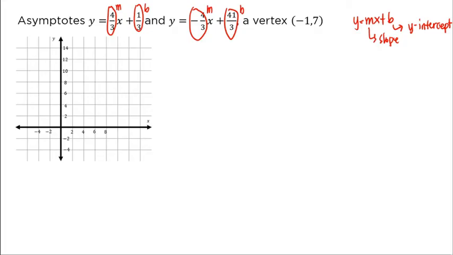So from that, we will first sketch the graph of the first equation. The y-intercept of the first equation is 1/3. So 1/3 is somewhere here. And since the slope is 4/3, take note slope is rise over run. Therefore, we will move upward 4 units and 3 units to the right because the slope is 4/3.